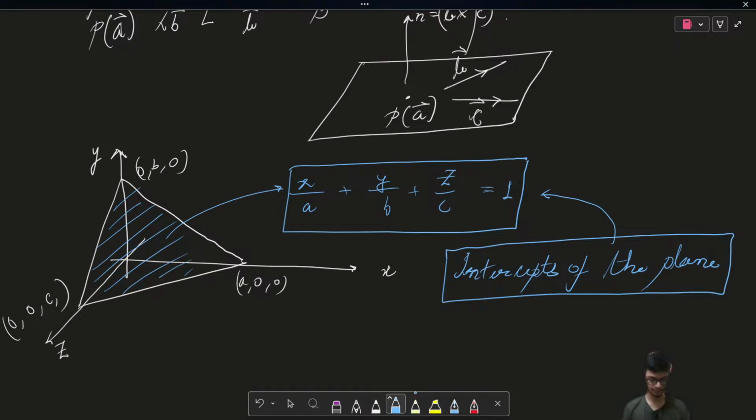All right, is this part clear? Is this part clear to all of you? So this is called the intercept form of the equation of a plane, right?